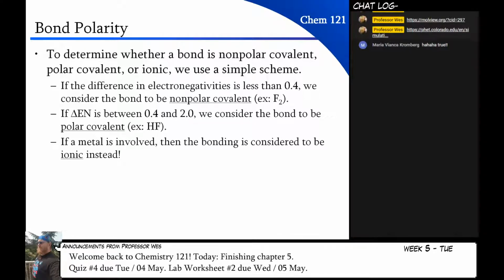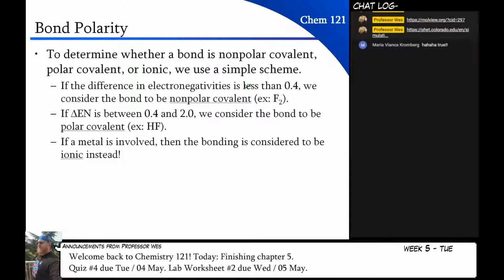All right. So if we look at two atoms in a bond, and we see that the difference between electronegativities is about 0.4 or less. Actually, I don't really like how that is written because it's not quite right.